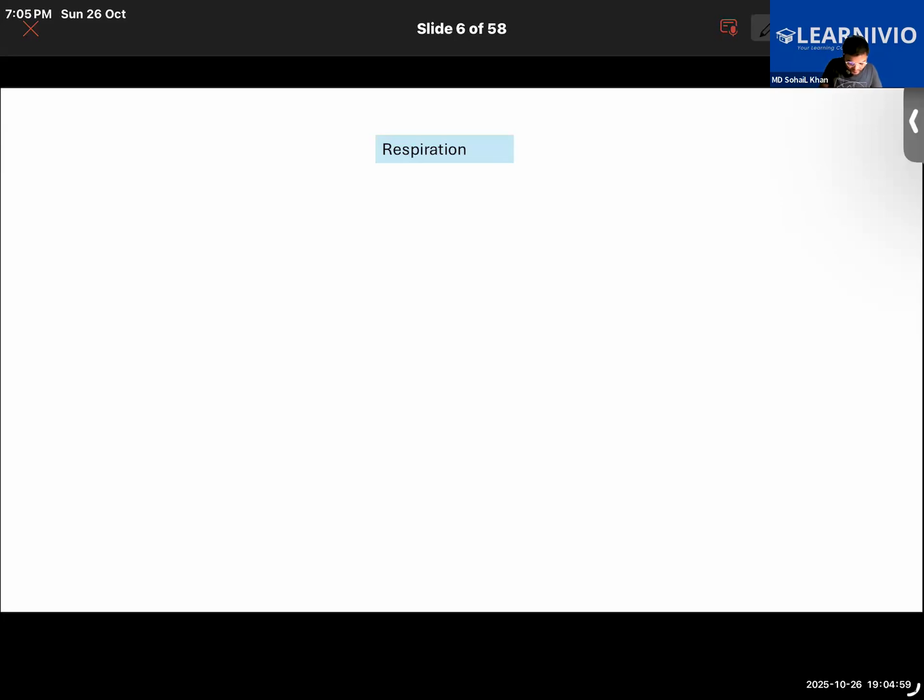Write down that respiration is a metabolic process. See, I have used a very new term here, that is metabolic. So the question is, what does metabolic mean in case of humans?